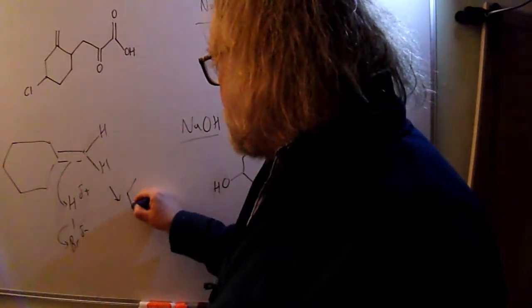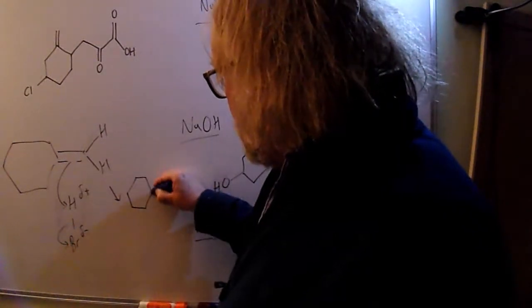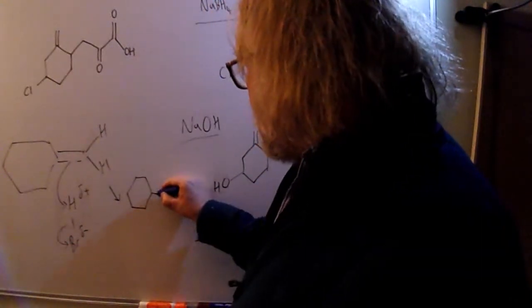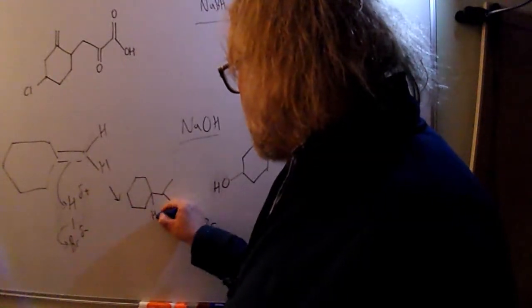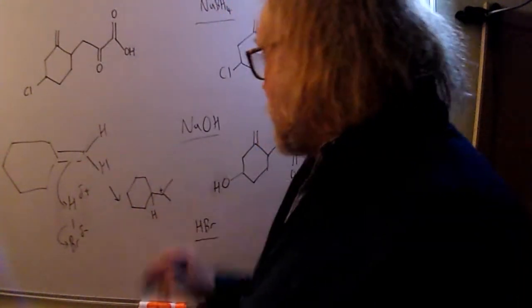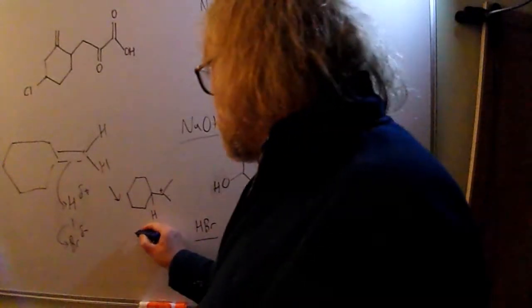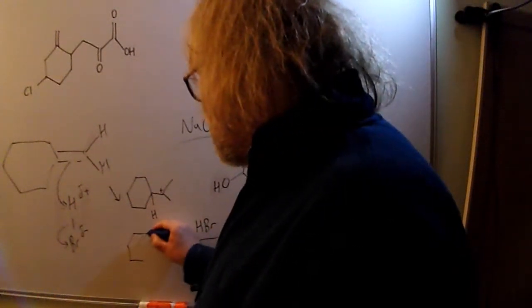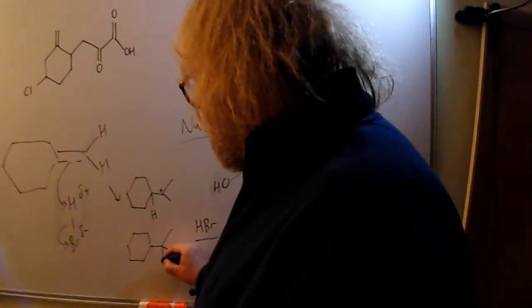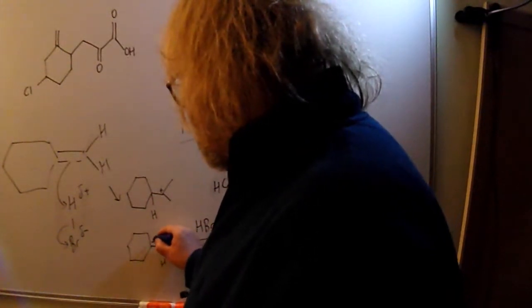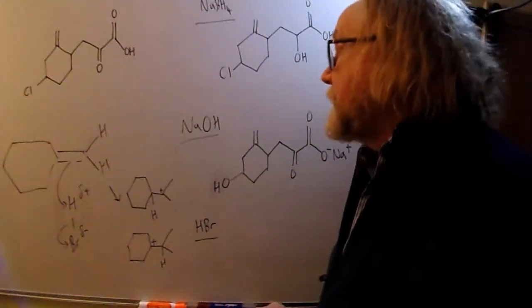So this is where the two possible outcomes come into play, because you could either add the hydrogen on here and get the positive charge there, or you could add the hydrogen on here and get the positive charge there.